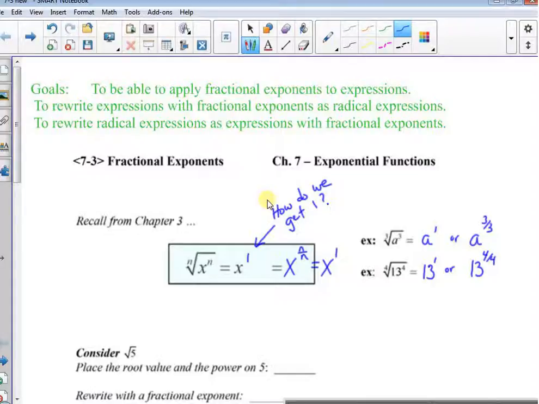So you should remember that you take the exponent divided by the root, and that tells you whether it's a perfect cube, perfect square, perfect fourth root. And if it is, you're supposed to divide those. So we could also just say that the cubed root of a to the third is equal to a to the 3 divided by 3.